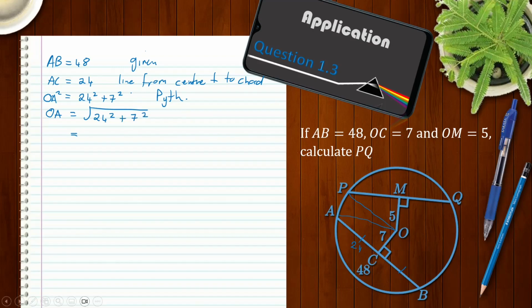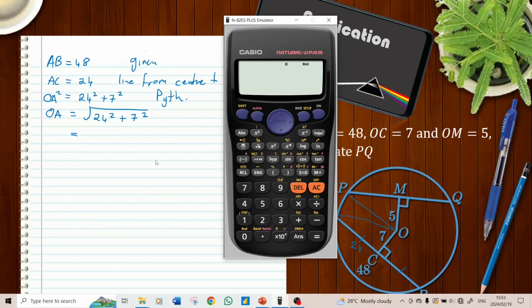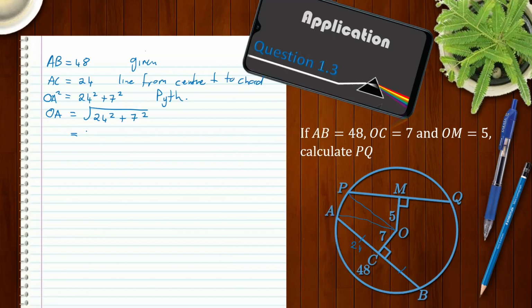Okay, and then we can put that onto the calculator. So OA is equal to 25. So if OA is 25, it means that OP is also 25. So OP is equal to 25, and our reason is radii.